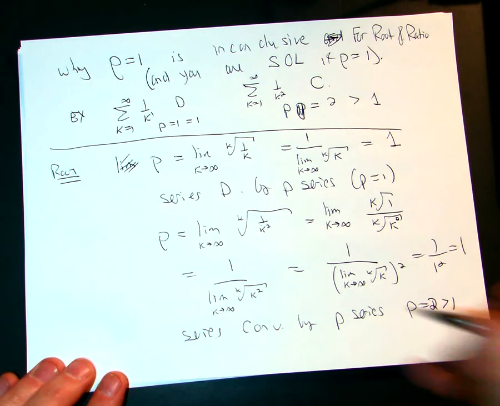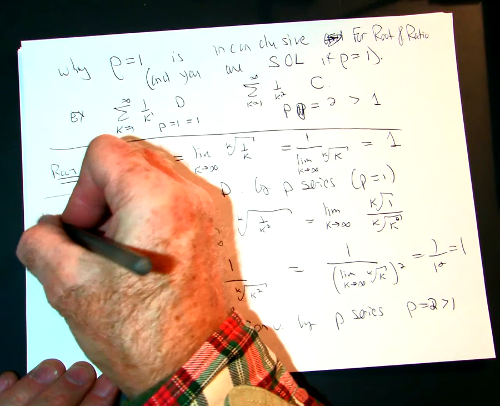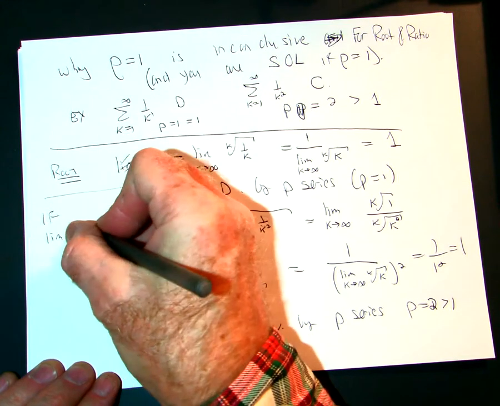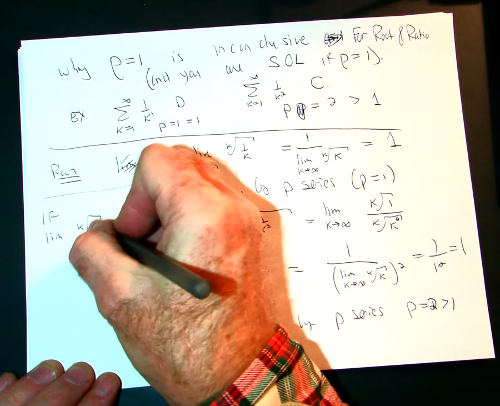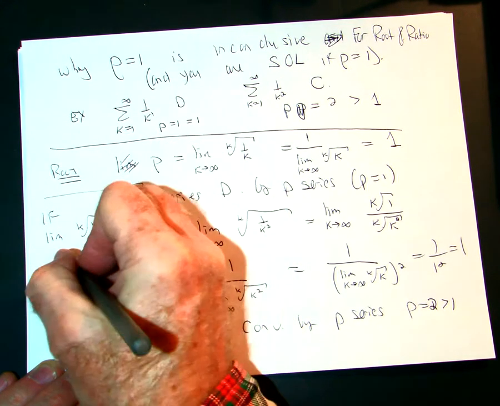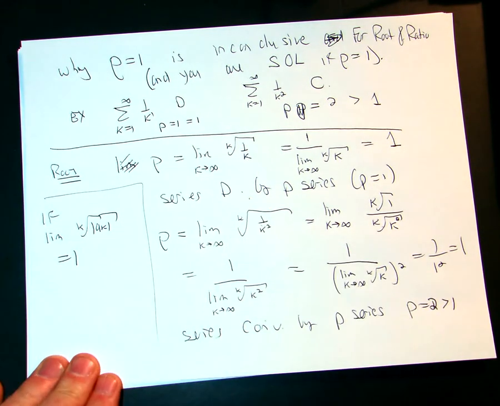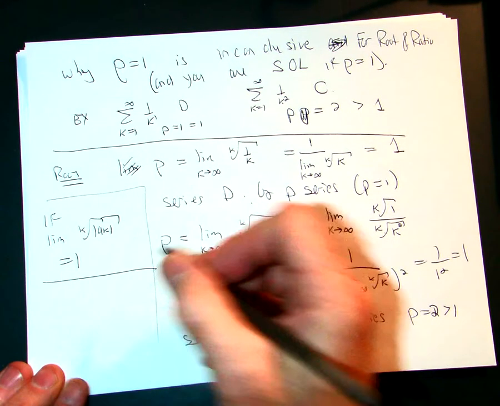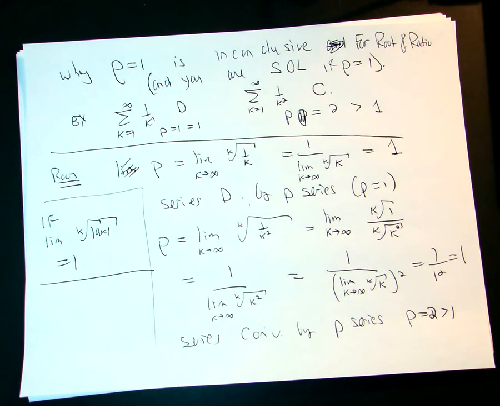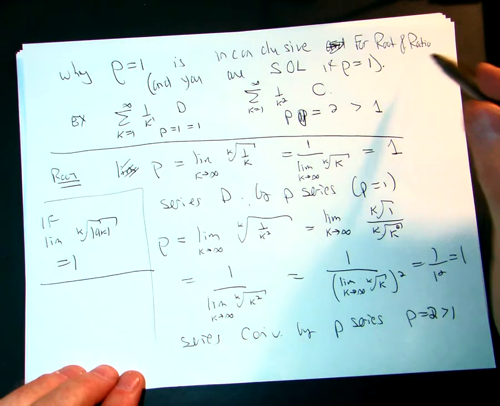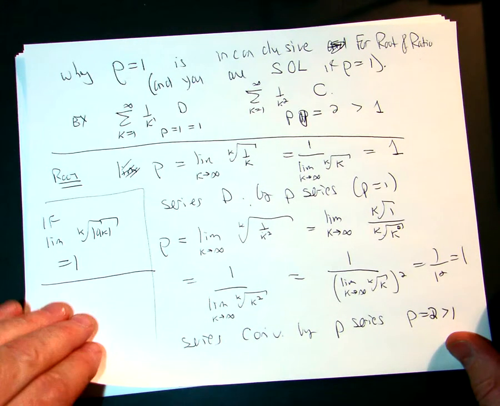Okay, so what happens if I take this limit and I get 1? I don't know if it's like this series or like this series. So it's inconclusive. I just have no idea. Okay, and similar things happen when I do the ratio test, and I'll show you what that is.